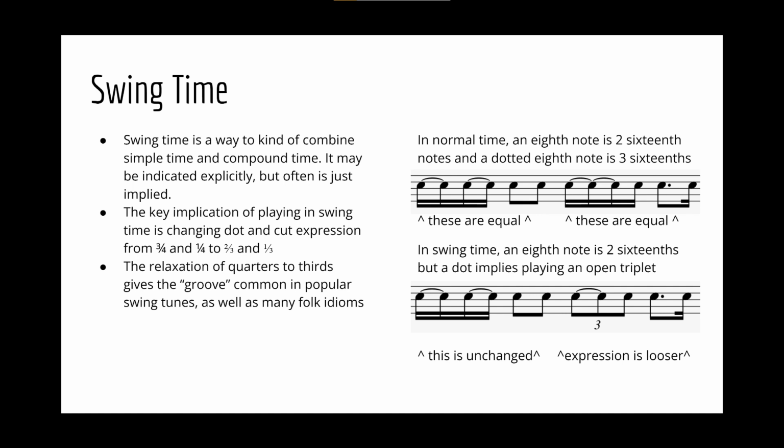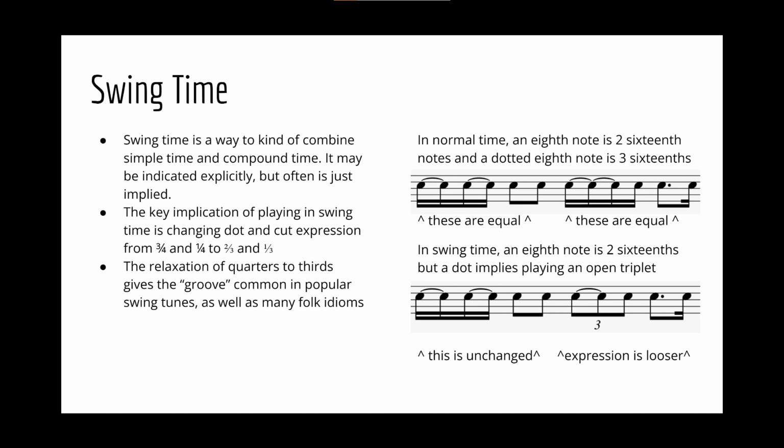The main implication of swing time is that rather than subdividing our notes into 3/4 and 1/4, we're going to do it 2/3 and 1/3 of the beat. So within a beat, you're going to be looking at kind of a relaxed expression. This gives that kind of groove of swing tunes that you're looking for.